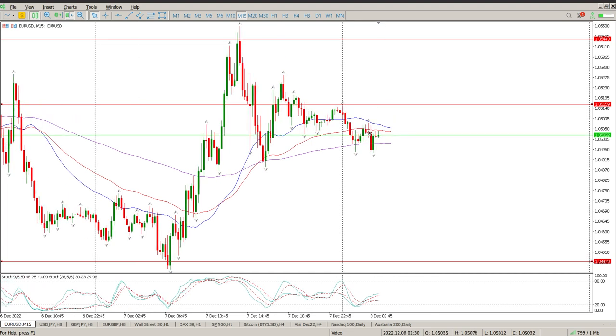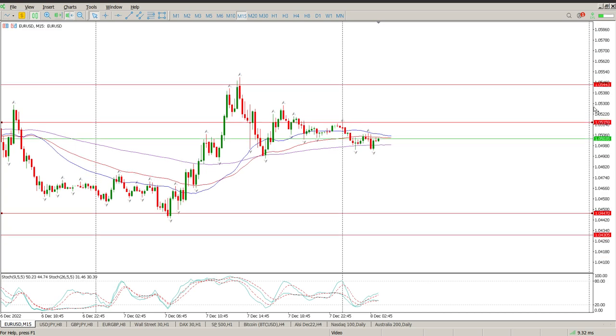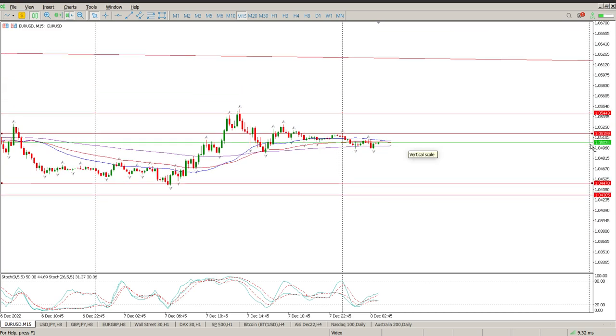So watch this on the European market. A break above the high of today so far and a retest. You're looking for an entry there, stop just below the price action, and I would aim for 105.443 again.